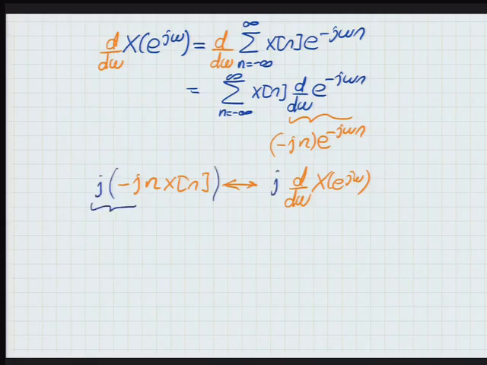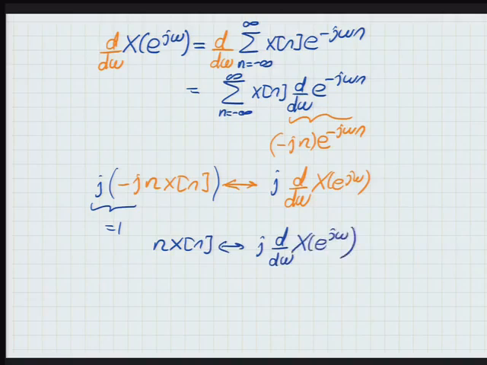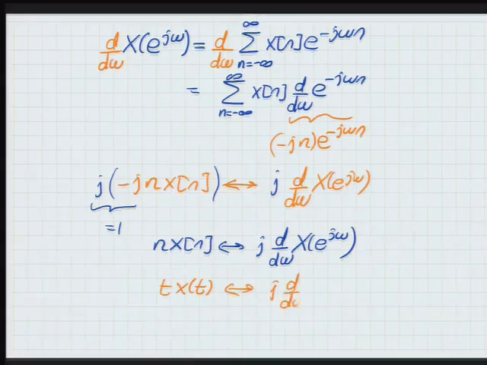Then you'll get negative j squared equal to 1. So this property will tell you n times x of n is going to give you a DTFT that is j times d by d omega of X of e to the j omega. All right? So very similar to the continuous time property. In continuous time Fourier transforms, we had t times x of t giving us j d by d omega of X of j omega. Same thing. All right?